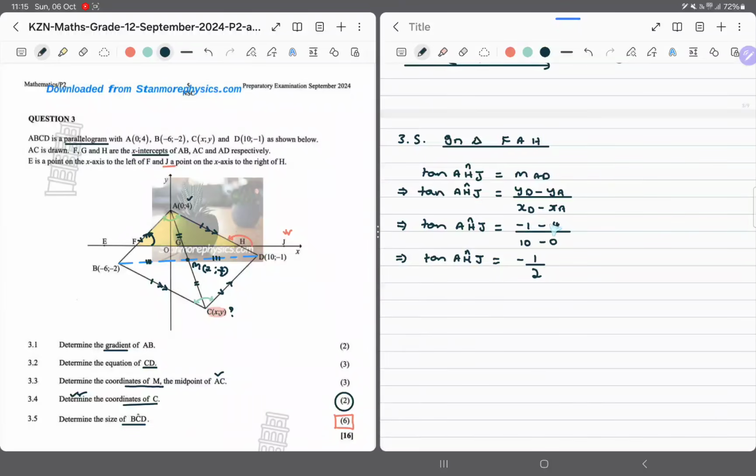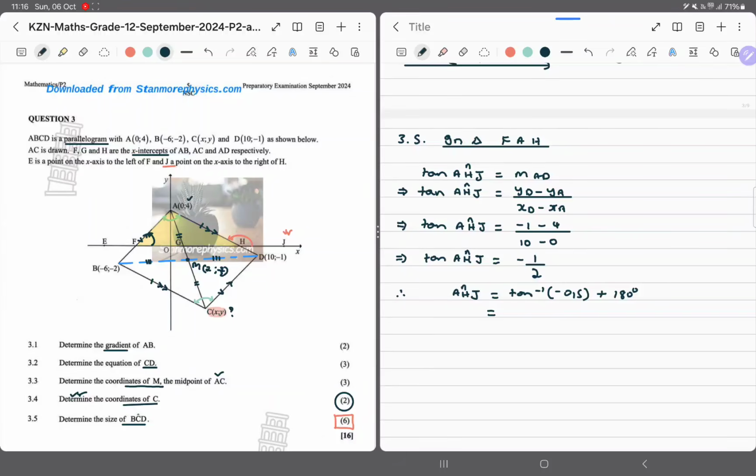Yes, because this is going to be minus 5 divided by 10. So 5 once to 10 twice. The negative stays. So what are we going to do? We can say therefore our A, because our target is the angle AHJ, is equal to the shift tan of minus 0,5, which is a half. But to this one we add 180, because it's an obtuse angle. So what is that? Now let's find it out.